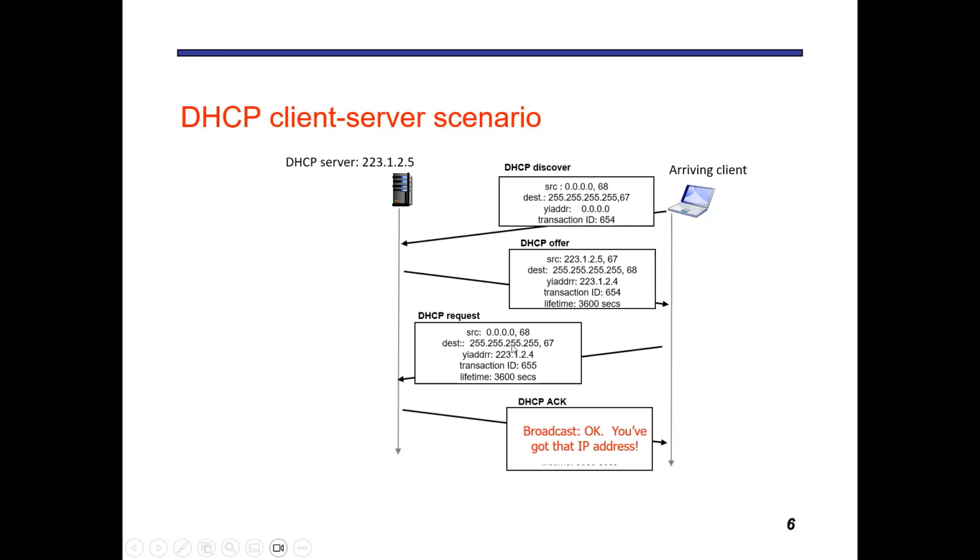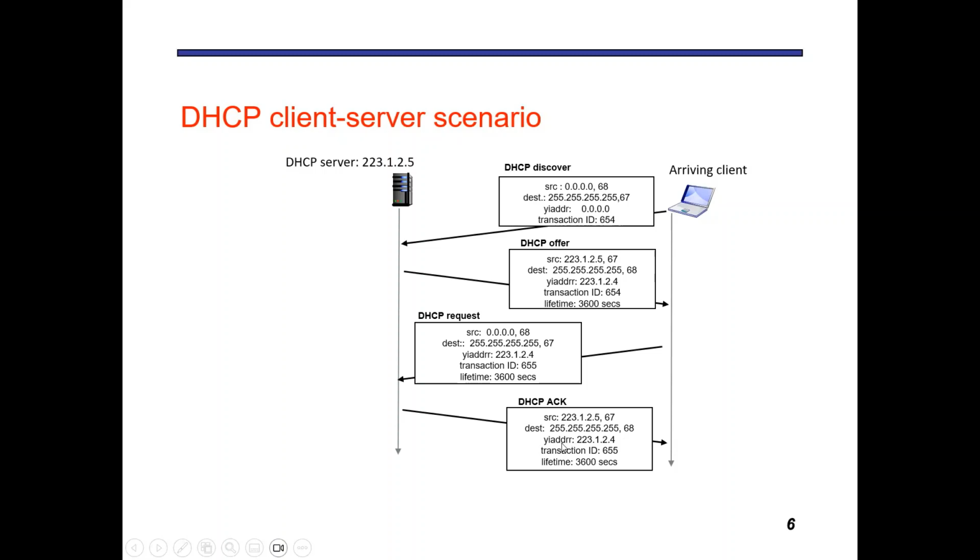The DHCP server will receive this message and it will understand that this user wants to take this IP address that I offered. So it will send a reply back saying that, okay, you have got this IP address. Now you can see here the source address is 223.1.2.5, the server IP. The destination is still a broadcast because it has not been assigned the IP yet.